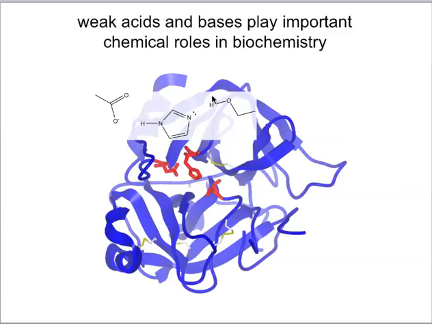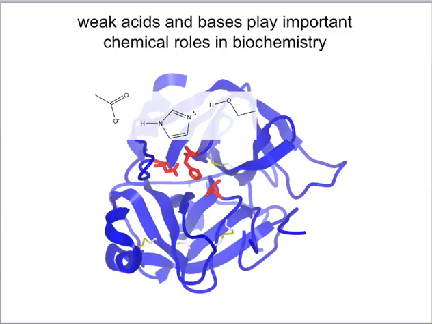Now you could take it all the way to the abstraction of that proton by the nitrogen base, and then the imidazole becomes protonated and charged, which it happily does around a physiological pH. But in any case, this strong interaction of the base with that hydroxyl proton activates the serine hydroxyl to become a strong nucleophile so that it can attack the peptide bond.